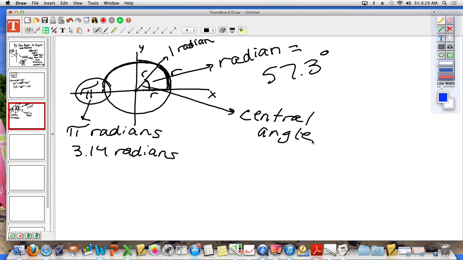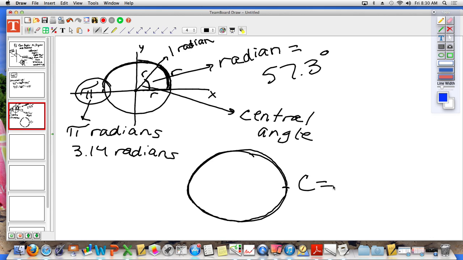If you go all the way around a circle, starting right here, what are we finding of the circle? What is that called? The circumference. What is the formula for finding the circumference of a circle? 2 pi r.